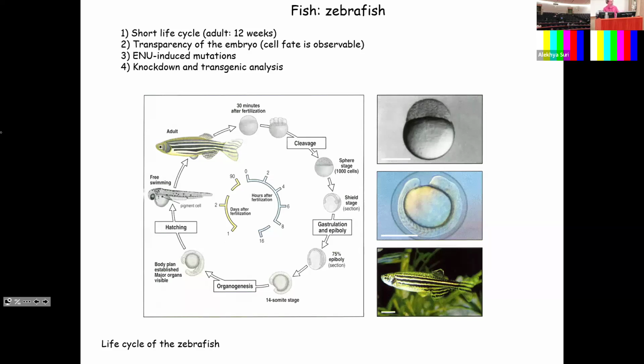Okay? Some of the mutations are called ENU, ethylnitrosourea, which we can use to screen some libraries. And we can do, again, a lot of knockdown and transgenic analysis, use CRISPR-Cas, etc.